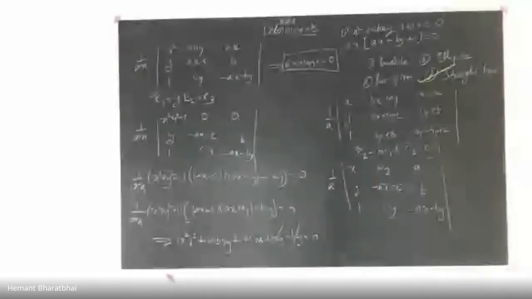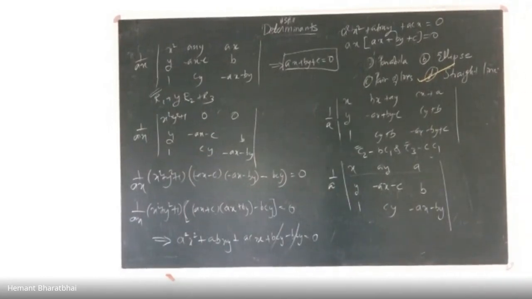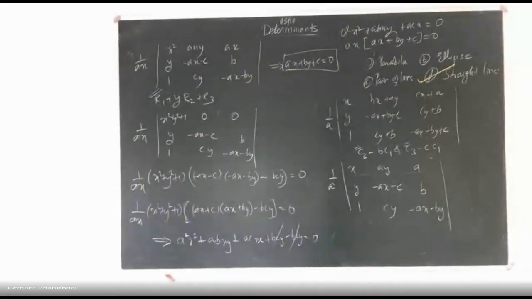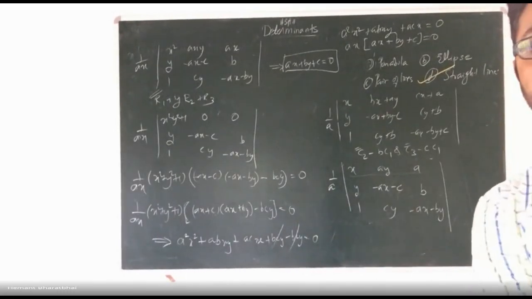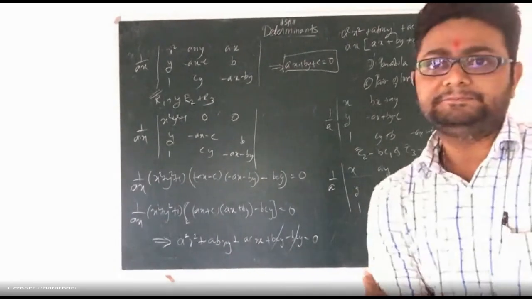This was really one which makes you think. Everyone has understood the solution. Please take a screenshot of this. So finally we have got that this given determinant equation represents nothing but a straight line.